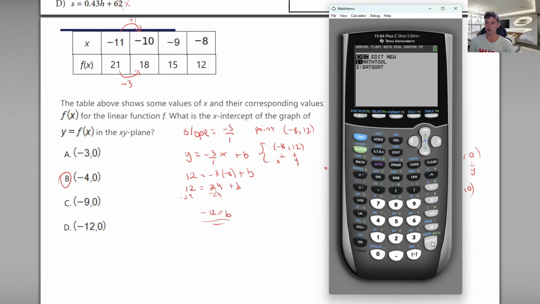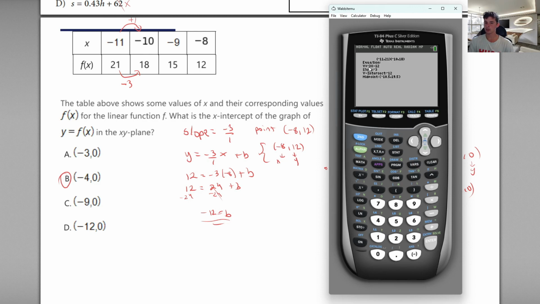So we can go to program. We can go to math tool. What are we dealing with? Linear equations. We have many points, but we do have 2 points. As you can see, just like I told you before, if we have 2 points or a point and slope, we can find the equation of the line. So let's do 2 points: negative 11, 21, and negative 10, 18.